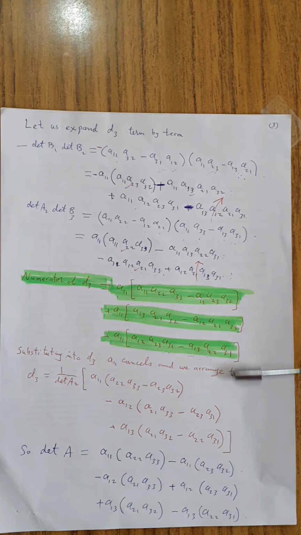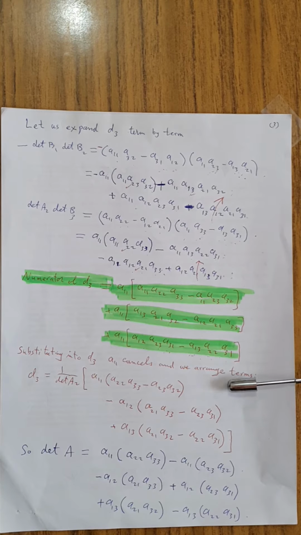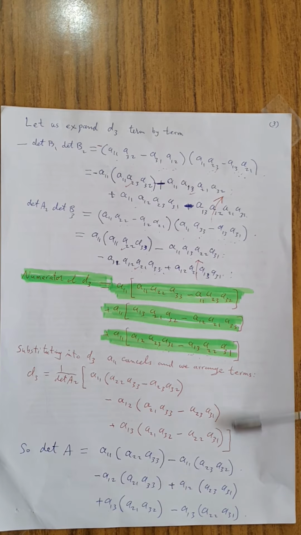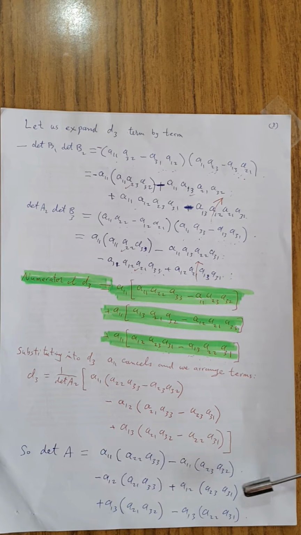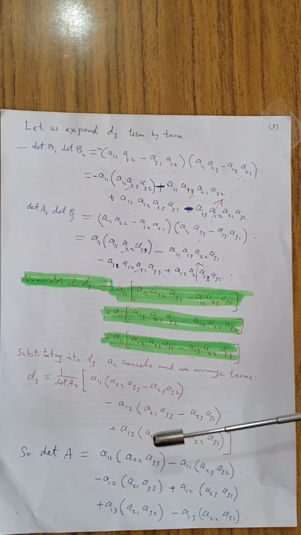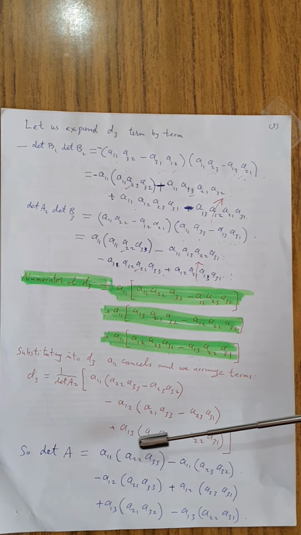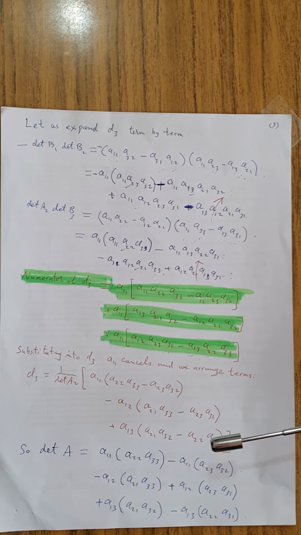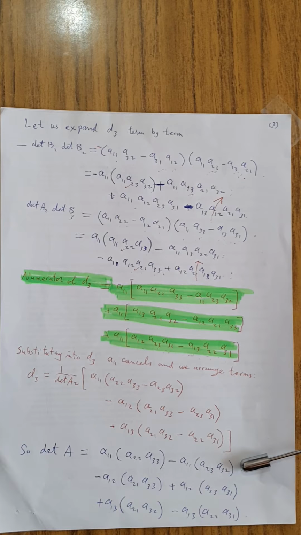When we remove the determinant A2 after multiplying the pivots, we will have this for determinant of A. So here A is A11 A22 A33 minus A11 A23 A32.